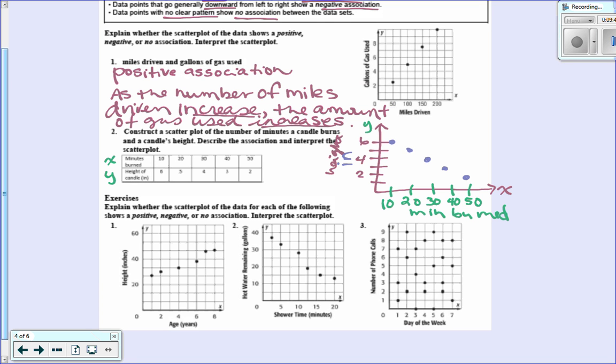All right, how could you describe that association? Negative. It does have a negative correlation. Good. And then how can we interpret it? What can we say?